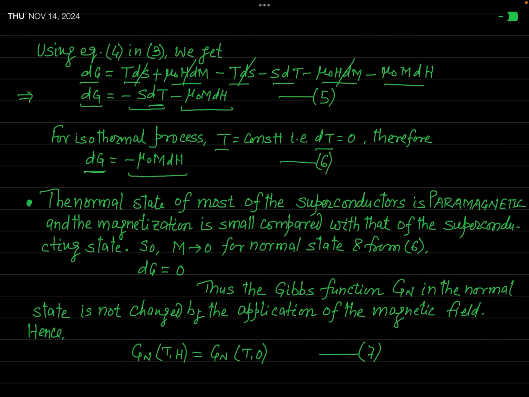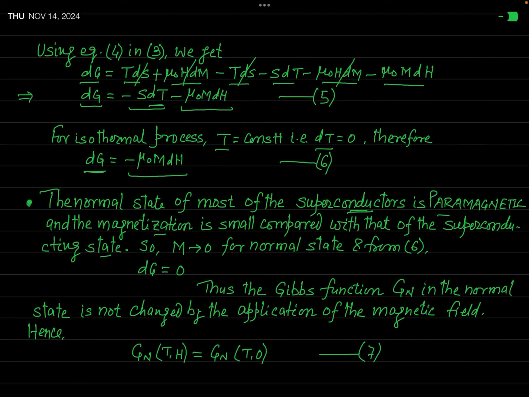Now, if you talk about the normal state of our material, it is an experimental fact that the normal state of most of the superconductors is paramagnetic. Normal state, not the superconducting state, is diamagnetic. But the normal state of most of the superconductors is paramagnetic, and so its magnetization M is very small compared with the superconducting state, because that is actually paramagnetic behavior.